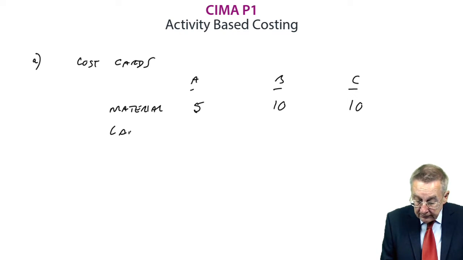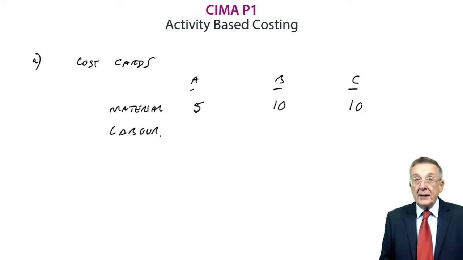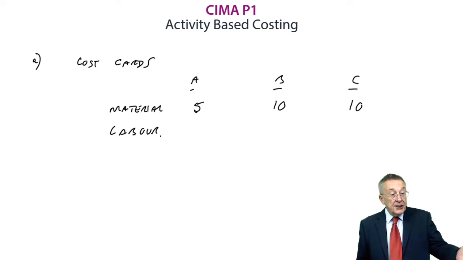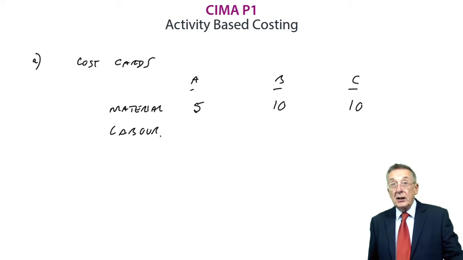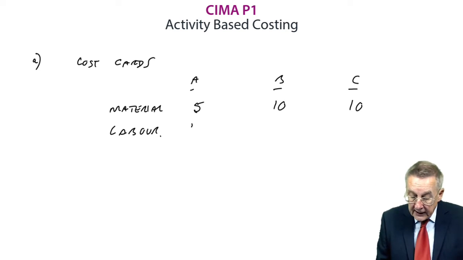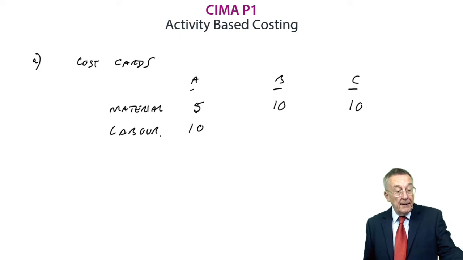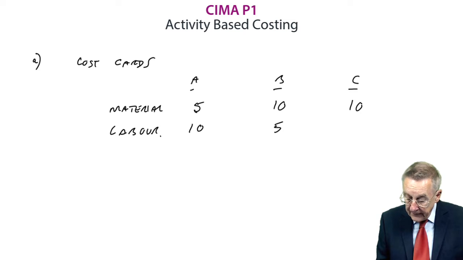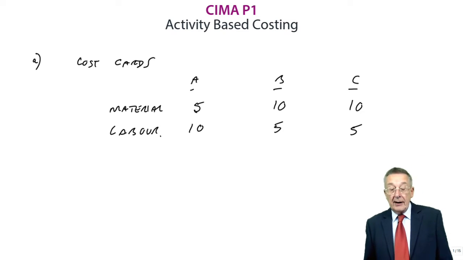We know the labour. A tiny bit of arithmetic, but A takes 2 hours. It says below it's $5 an hour. So for A, $10 a unit of labour. B and C are 1 hour each at $5. $5 a unit.